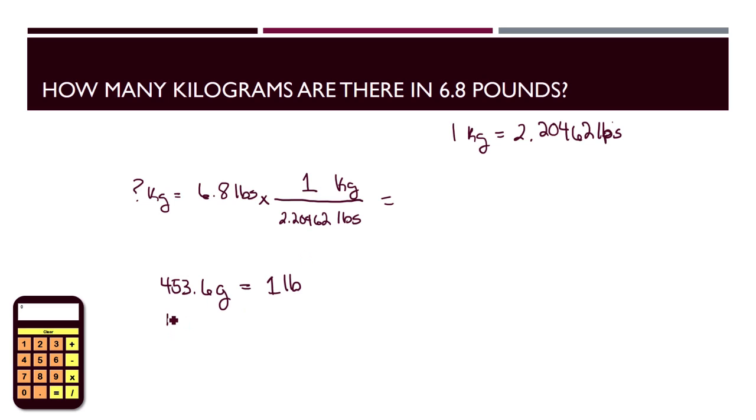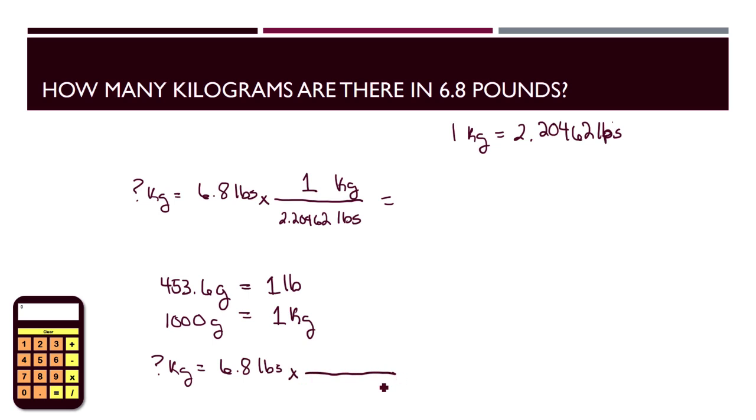And I happen to know that there are 1,000 grams in 1 kilogram. So now I can solve the same problem by doing it in 2 steps rather than in 1. So my question again is still how many kilograms are equal to 6.8 pounds?